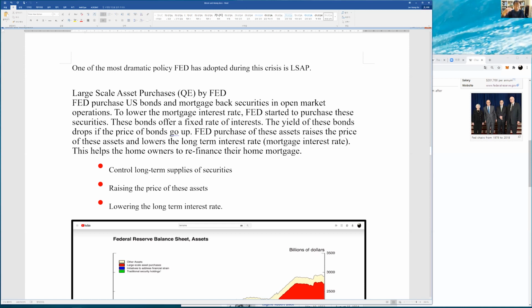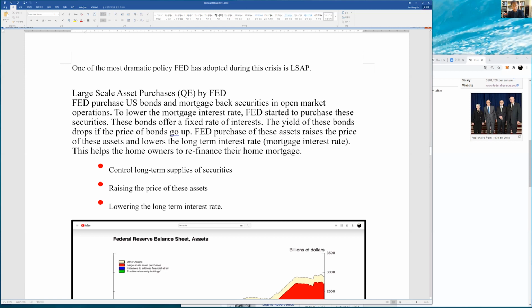The Fed can lower the short-term interest rate, but in order to lower the mortgage interest rate, it has to purchase mortgage-backed securities. These securities, called bonds, offer a fixed rate of interest.